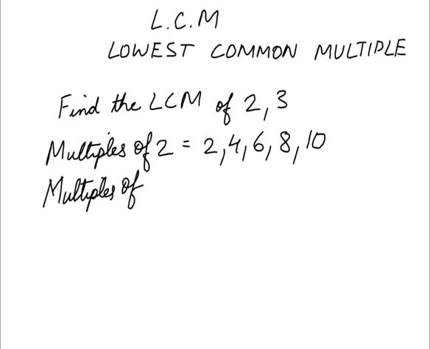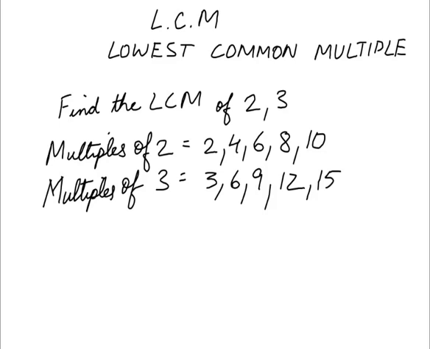And the multiples of 3. 3 ones are 3, 3 twos are 6, 3 threes are 9, 3 fours are 12, and the fifth one, 3 fives are 15.